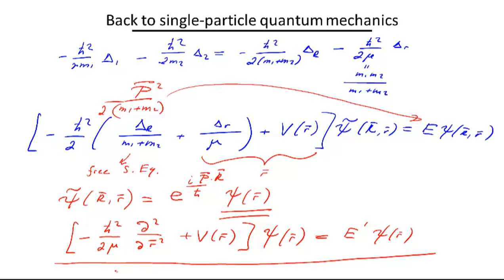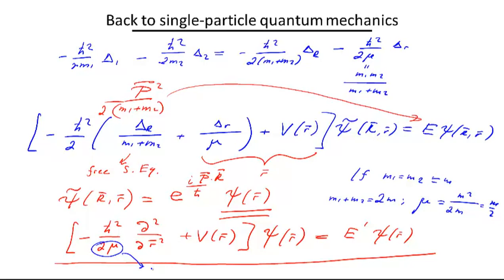So let's say in the context of the problem of 2 electrons that we're actually going to study, if m1 is equal to m2, then of course the total mass is equal to 2m, and the reduced mass, this mu, is equal to m squared over 2m, or just m over 2. So therefore, in our electron problem, this guy is going to be just the electron mass.